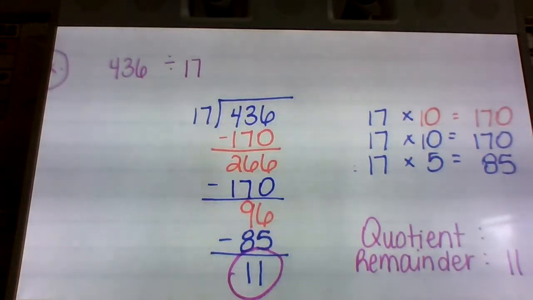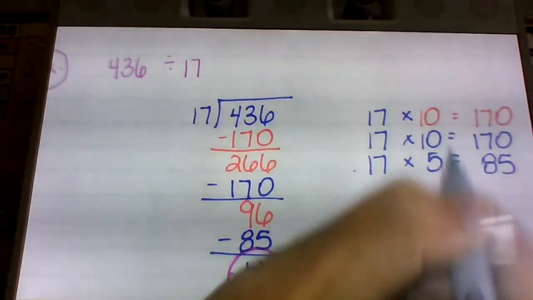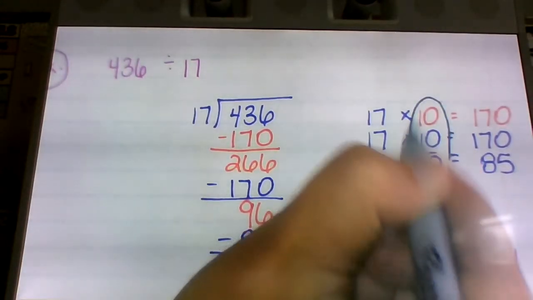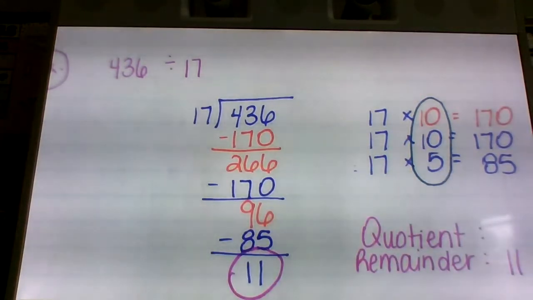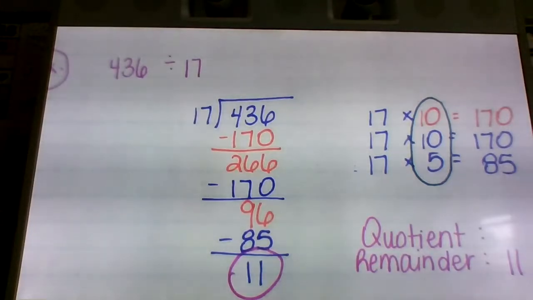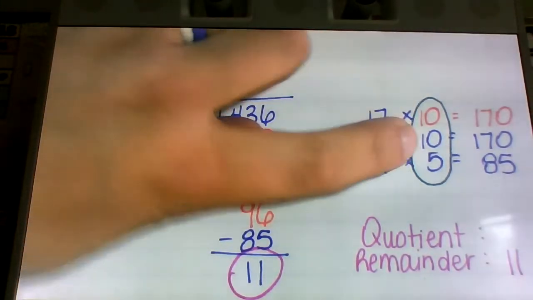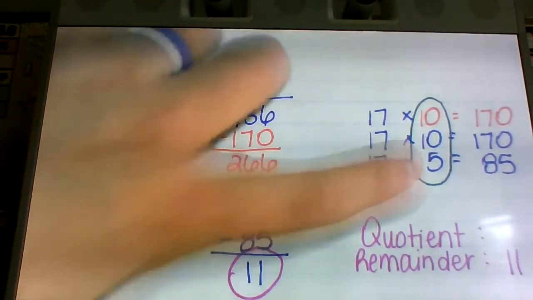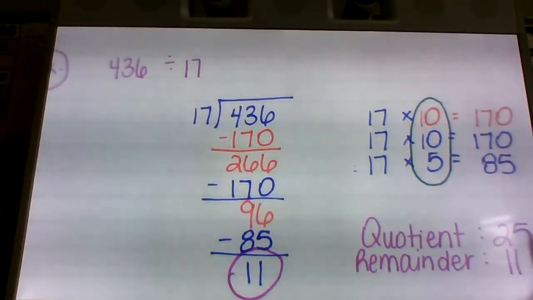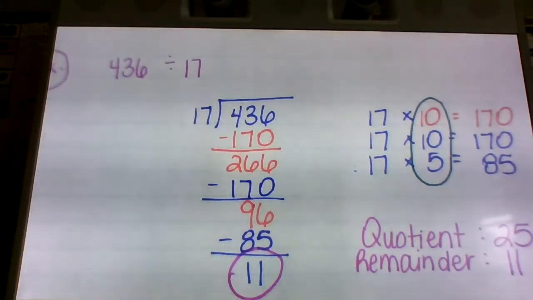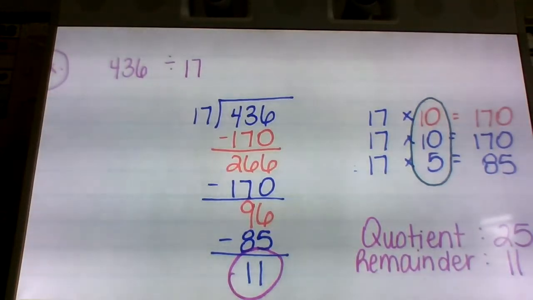Well, my friends, the answer lies in the partial quotients. We'll find the sum of the partial quotients. So we'll add 10 plus 10 plus 5, which gives me a quotient of 25. So our answer is 25 with a remainder of 11.